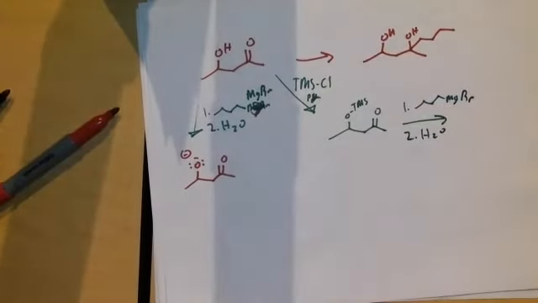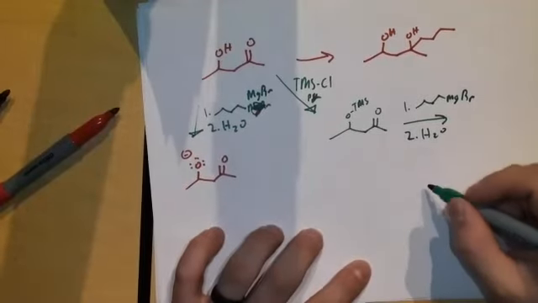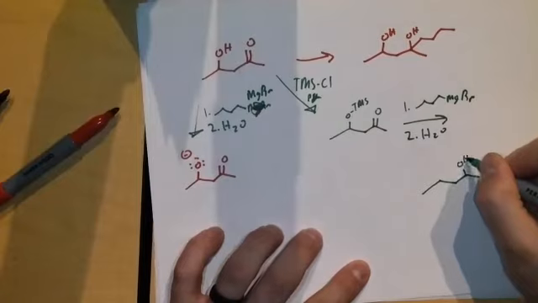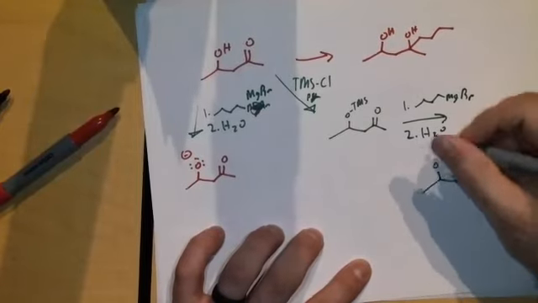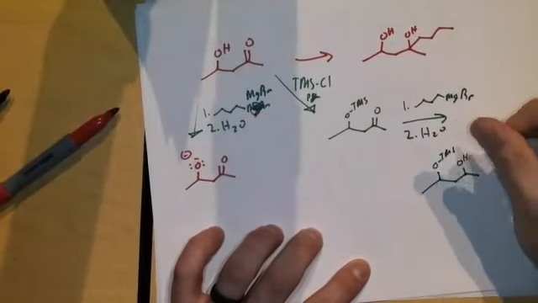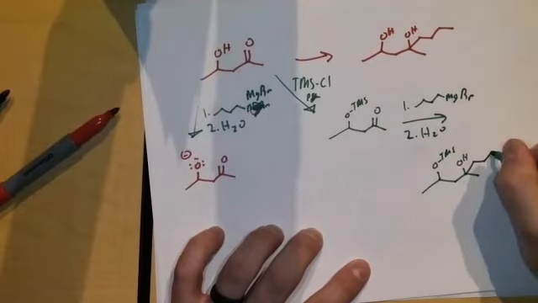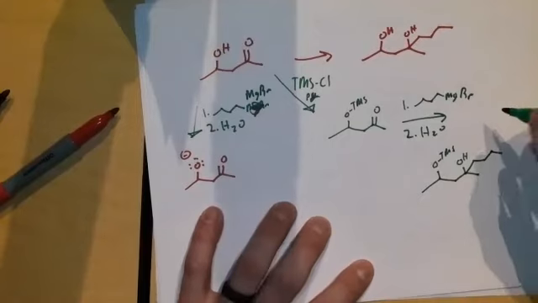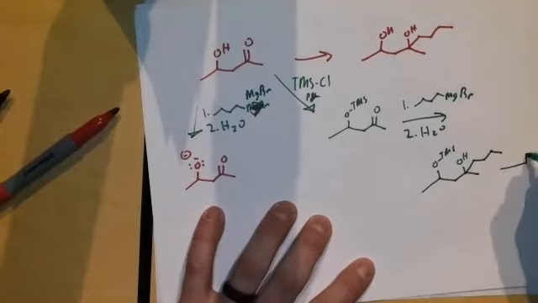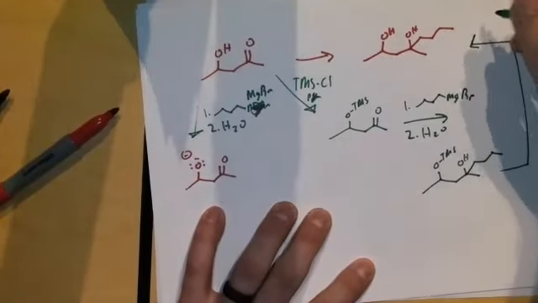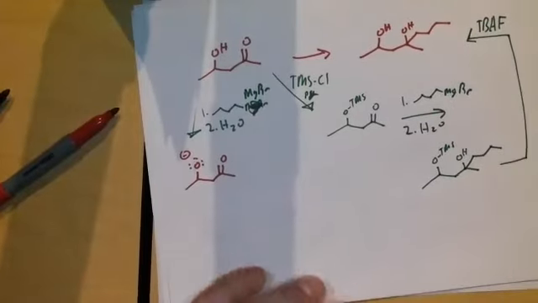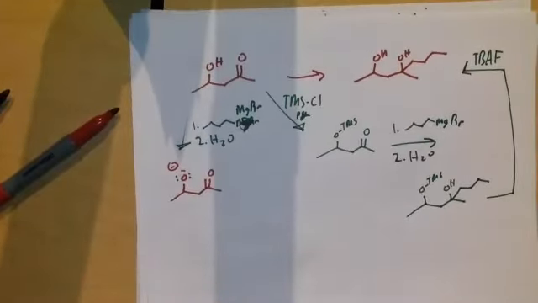We can make what almost looks like our final product. And then from here, we just need to remove this TMS group, so we can throw in TBAF, and get to our final product.